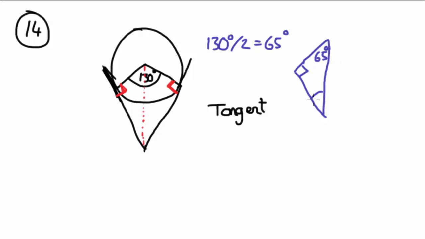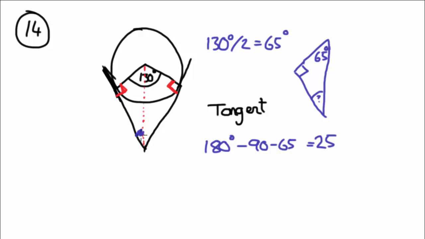That's 90 degrees, so we don't have a clue what that is, but we know that all these angles have to add up to 180 degrees. So if we subtract 90 from it, and then subtract 65 from it, what's left is the wee missing angle. So 180 minus 90 minus 65, that's 25 degrees.